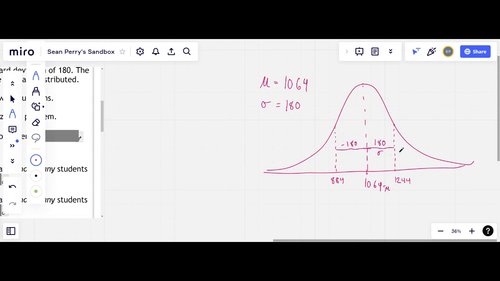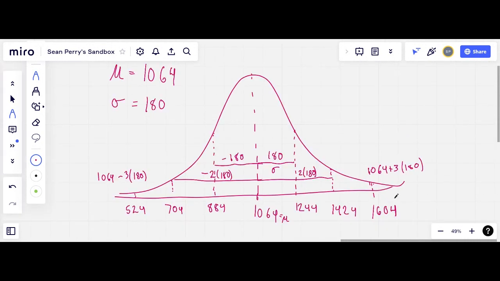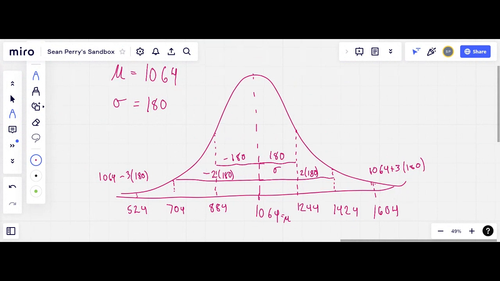Let's do 2 standard deviations in each direction. So now we are adding and subtracting 2 times 180 to 1064 to get 704 and 1424 respectively. And then we go for 3. And so those two values are going to be 524 and 1604 respectively.